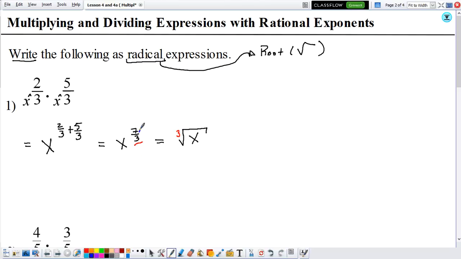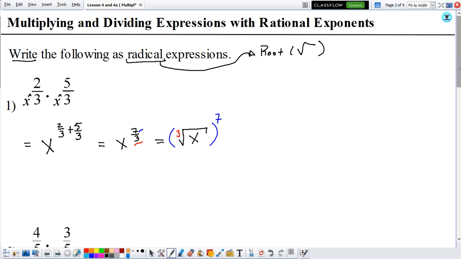My exponent is my numerator, which in this case is 7. And that's all there is to it. You perform the operation, which in this case, multiplication, means addition of exponents. Then you remember that your numerator is your exponent and your denominator is your root.